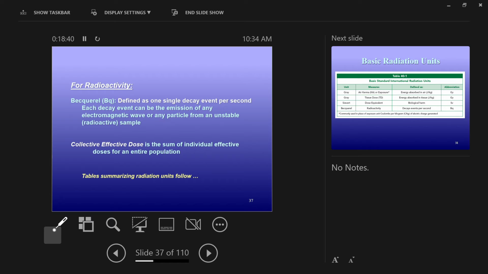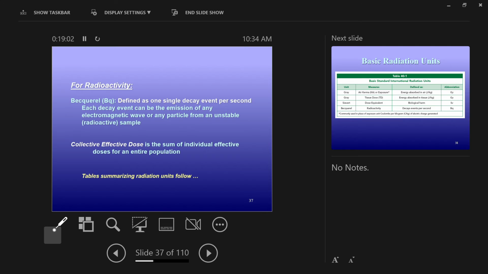That's not measuring how much exposure or how much absorbed dose a patient would have. That's simply measuring how many decay events happen over a period of time. The time period is typically 1 second. The unit here is called the becquerel, capital B, lowercase q.